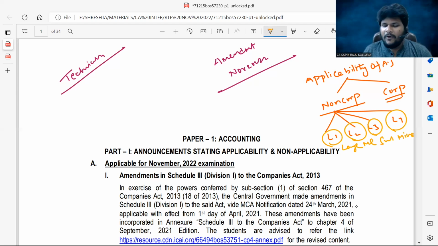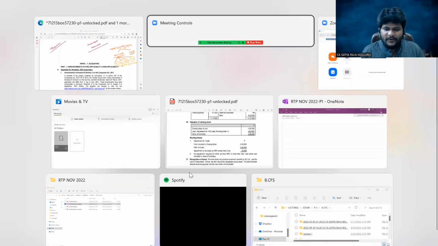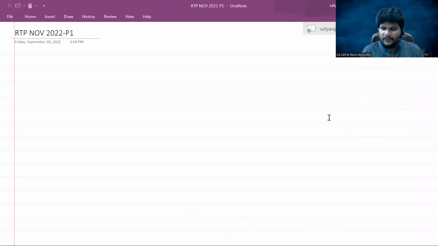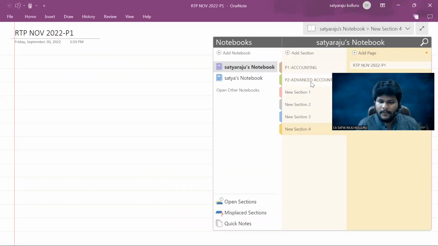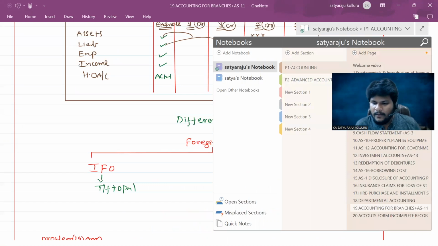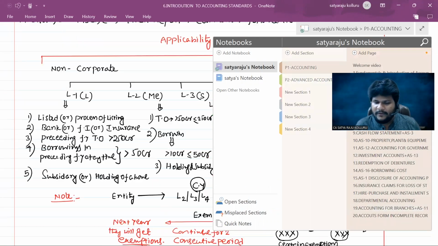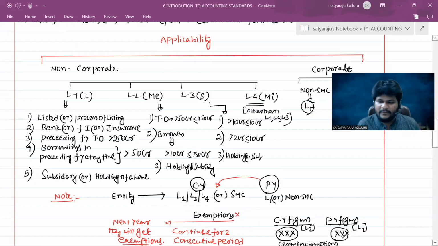For which type of entities which accounting standards are applicable, all such stuff I already discussed in the main lectures. You can cross verify, or if you want, I'll open the main classroom discussion of what we discussed in our classroom. Just a second. I discussed that part in the introduction to accounting standards.